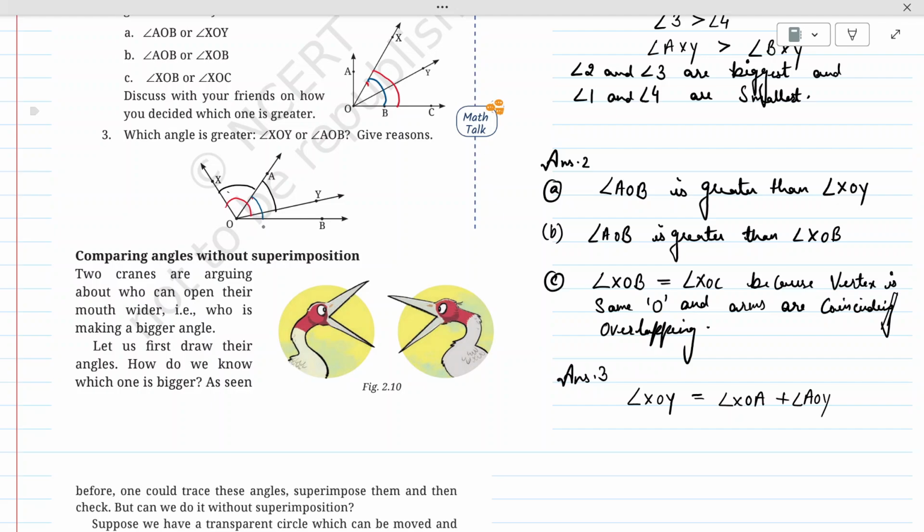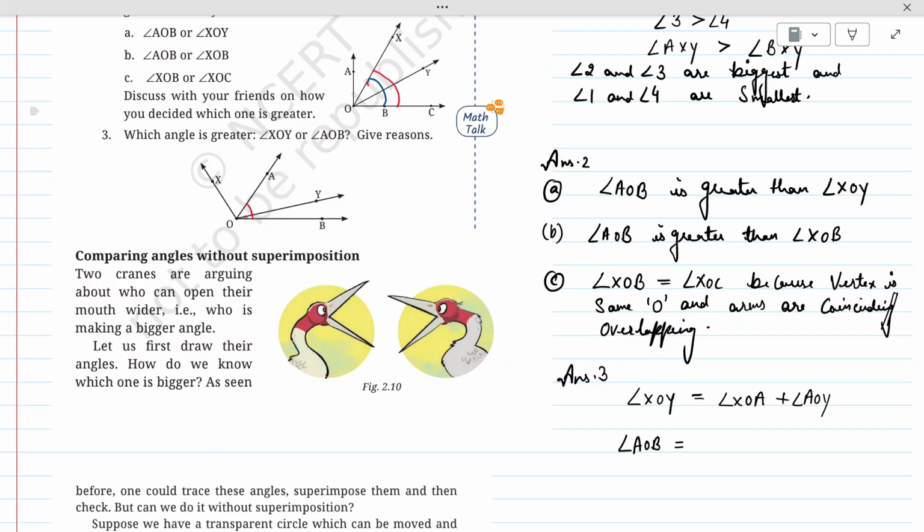Now, similarly, when I move to another angle AOB, I can again break it into two parts. Let me erase this whole thing. It will help you to understand better. I was talking about this angle AOB. Now I am breaking it into two parts.